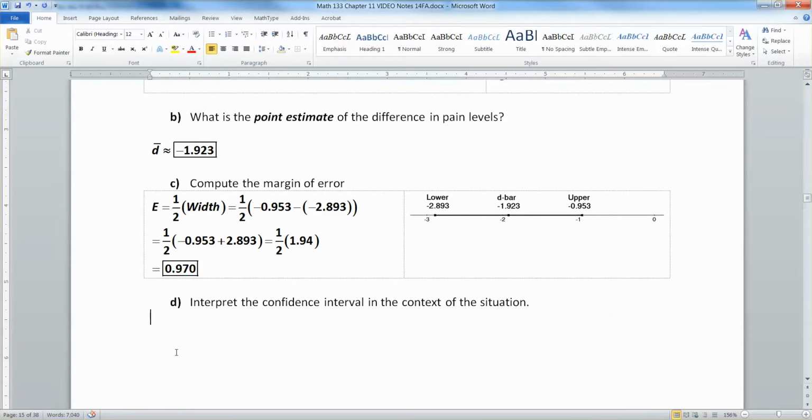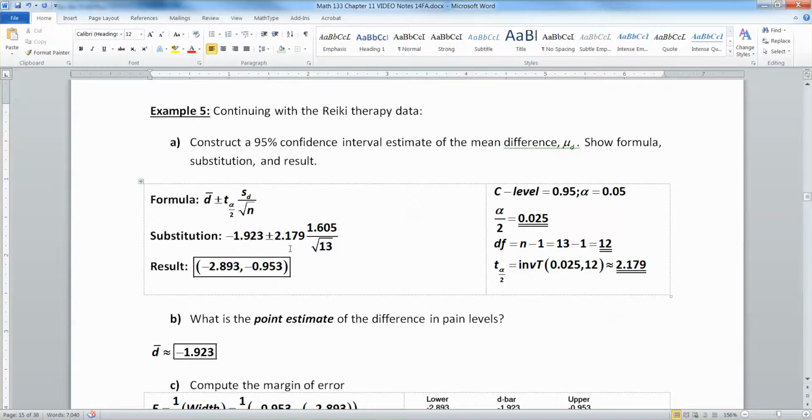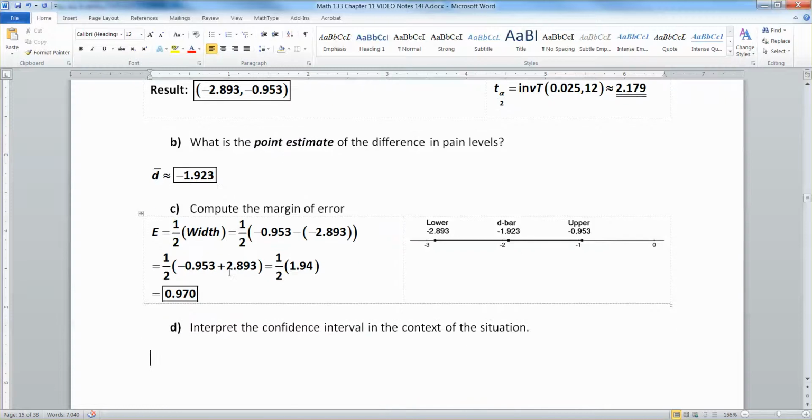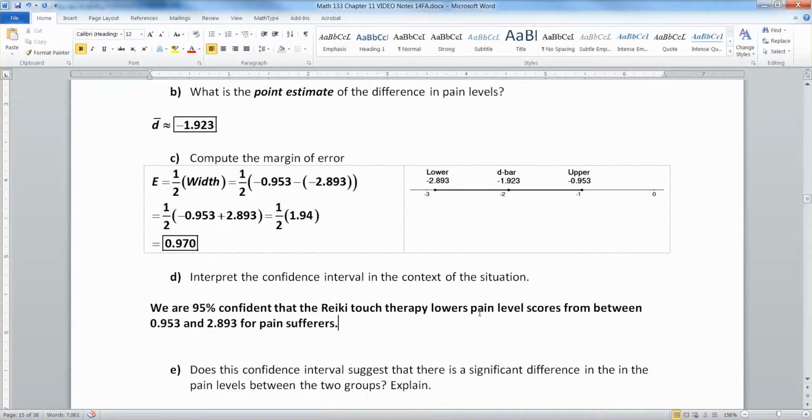All right, now what does this mean? What does the confidence interval mean? Well, it means we are 95% confident that Reiki touch therapy lowers pain level scores from between about 0.953 and 2.893 for pain sufferers.